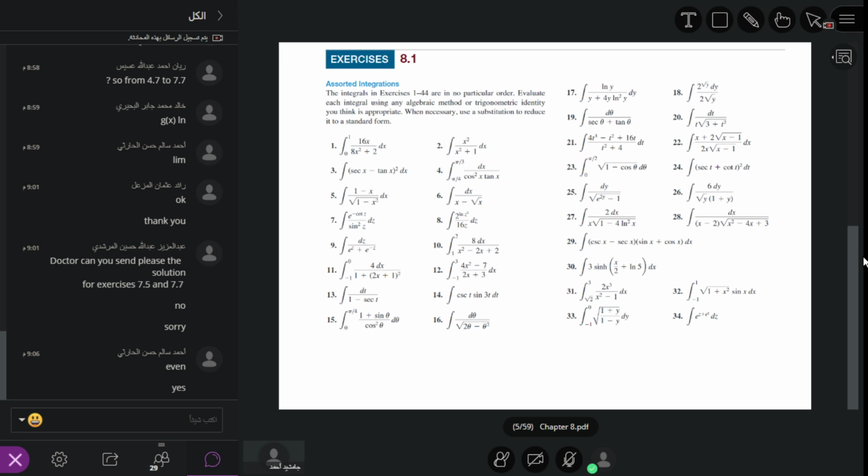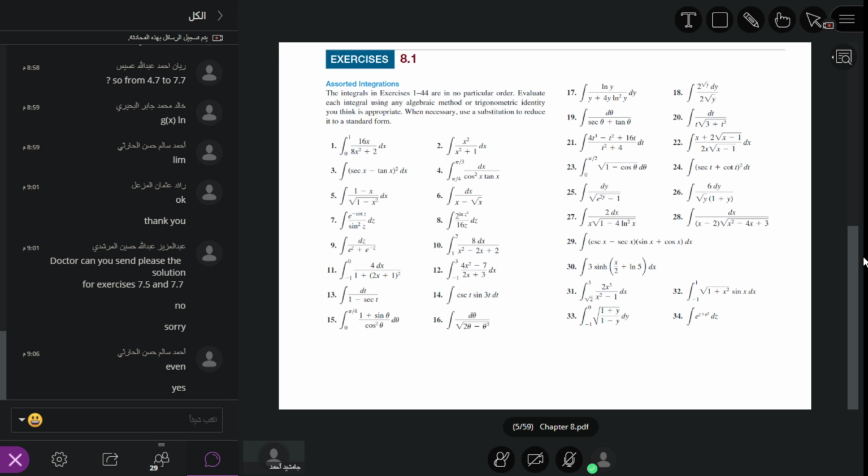It means x power 3 cosine x is an odd function. And we have studied in 5.6 that the integral of an odd function is equal to 0. So the integral of the odd function is 0.